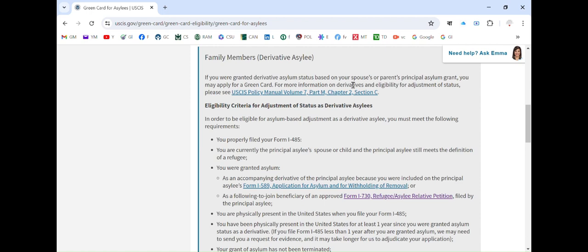Your parent or your spouse was already granted the asylum, and now you have also done the petition for derivative asylum and your petition has been approved. After your petition gets approved, you can file for your green card.